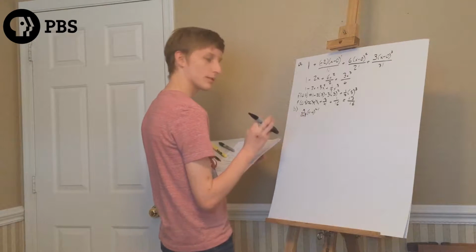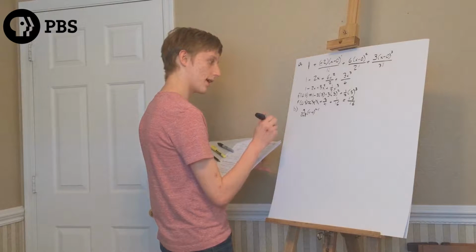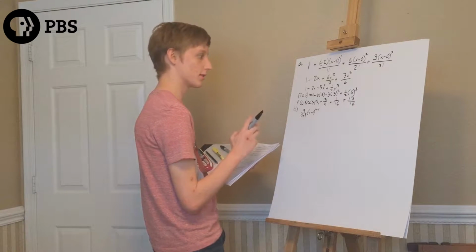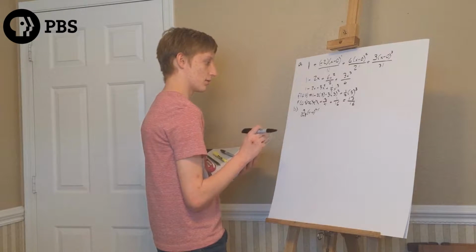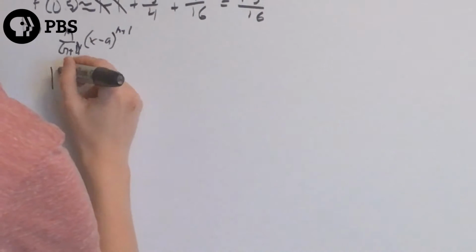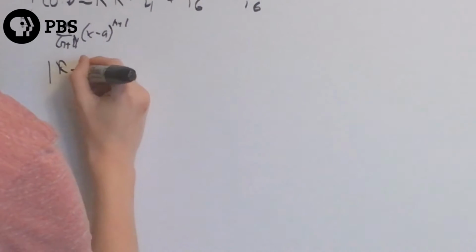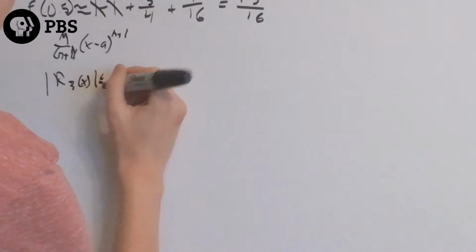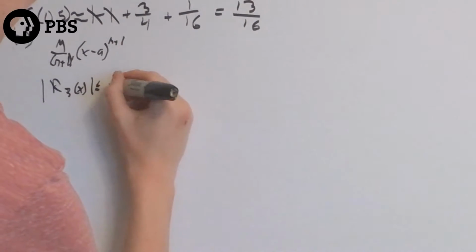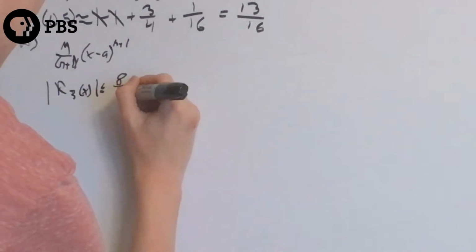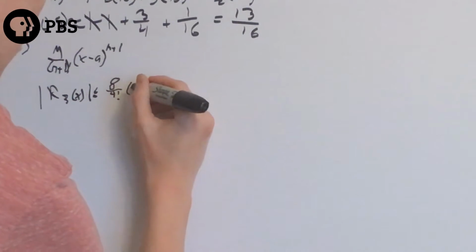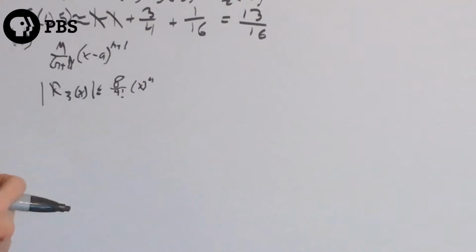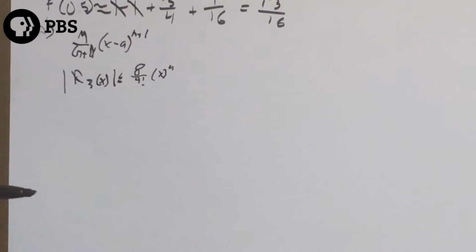And since we know that the fourth derivative is less than or equal to 8, our M is going to be 8. And because it's centered around 0, it's going to be x minus 0. And there we have our happy little Lagrange error bound.